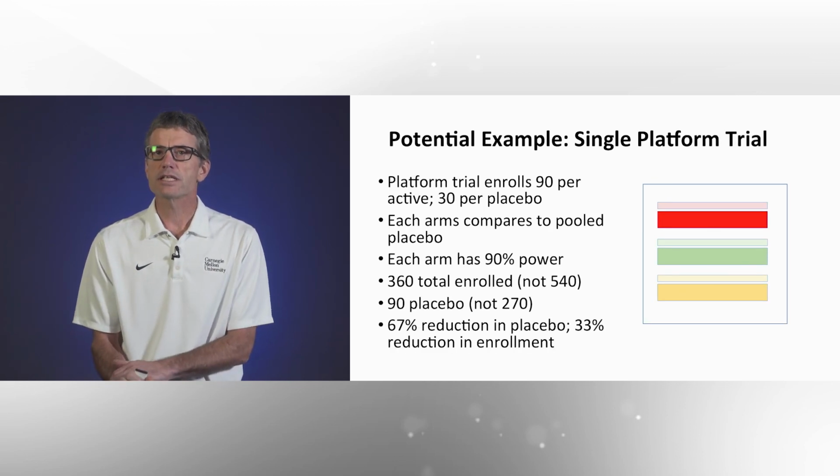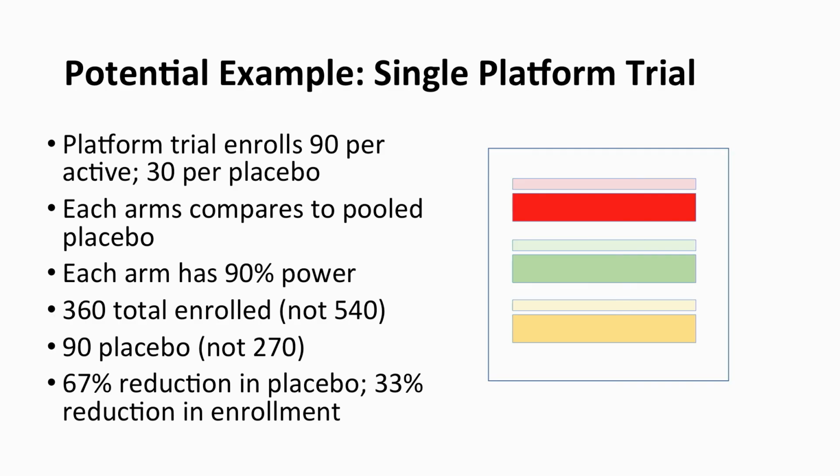Now let's look at a single platform trial where the same drugs are enrolled, but we enroll 90 to the active arm and 30 to the placebo for that arm. So you can see we have 90 on red and 30 on red's placebo.